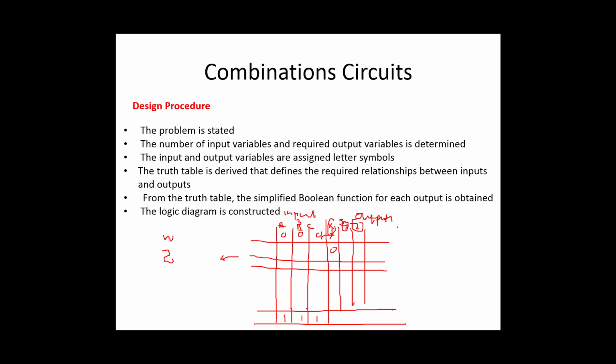These Boolean expressions are obtained in a simplified form using K-maps or Boolean algebra. We have discussed already a number of examples for Boolean function simplification for both K-maps and Boolean algebra. And finally, the logic diagram is constructed, which consists of logic gates.